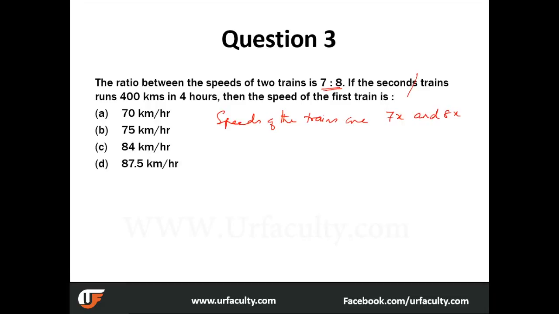Just start with that. And what are they saying? If the second train runs 400 kilometers in 4 hours, they are saying that in 4 hours it travels 400 kilometers. Just apply our formula. What is our formula? Speed is equal to distance by time. And according to the problem, the speed is 8x.